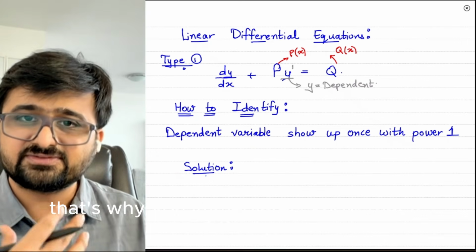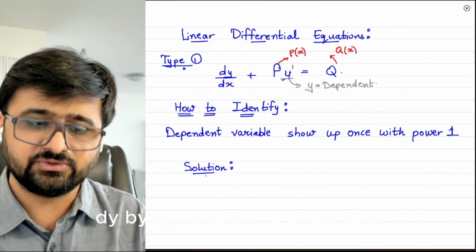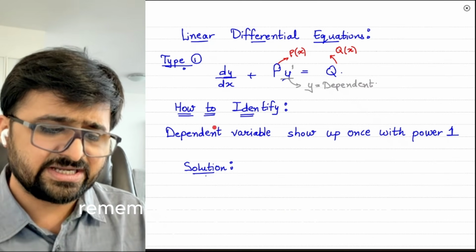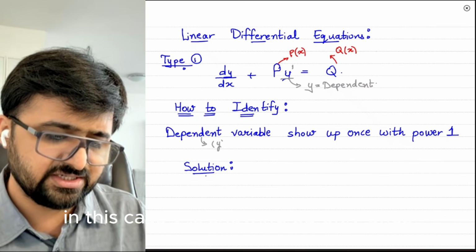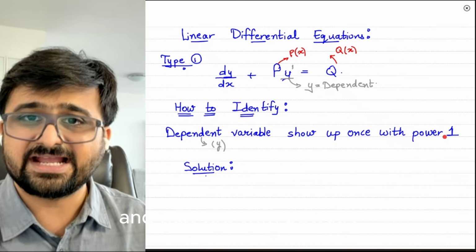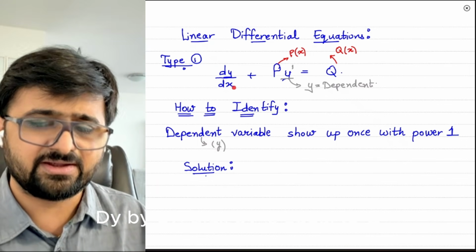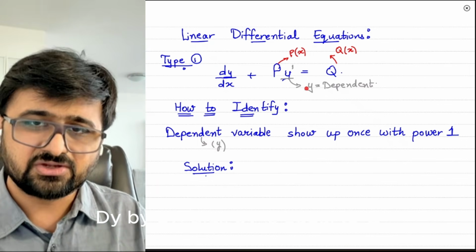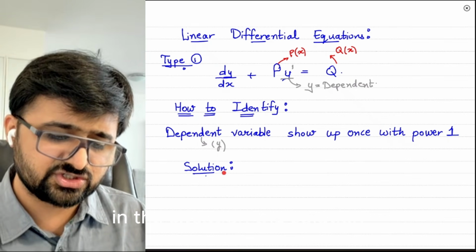That's why you immediately know that it's of the type dy by dx plus py is equal to q.